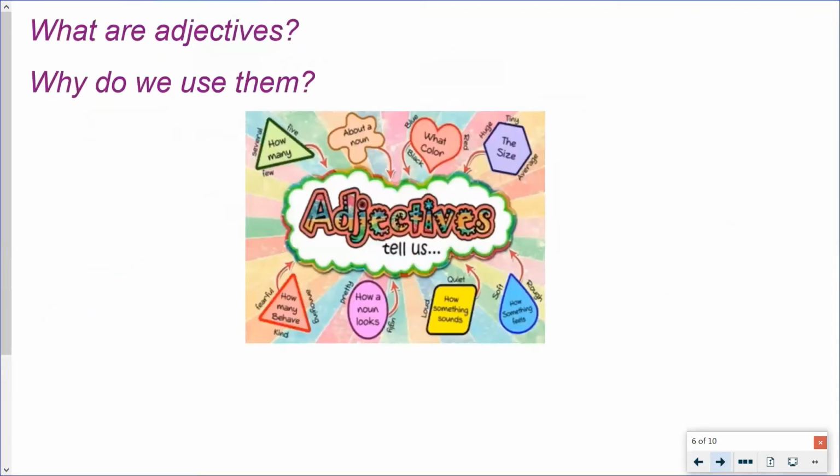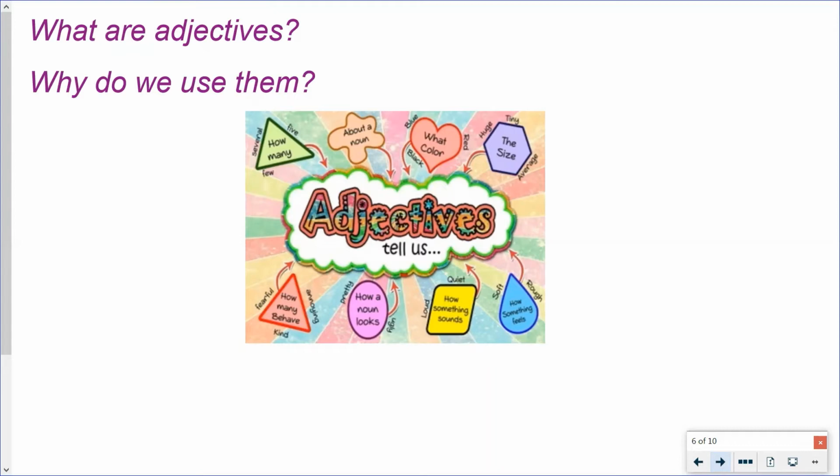Now, let's reflect back on our prior learning and think, what are adjectives? What does this word mean? Thank you for telling me an adjective is a describing word, and we use them to describe a noun. Now let's have a look at what adjectives tell us.